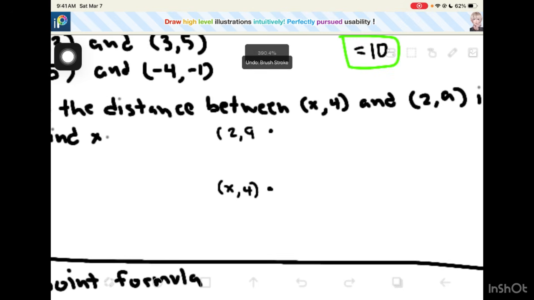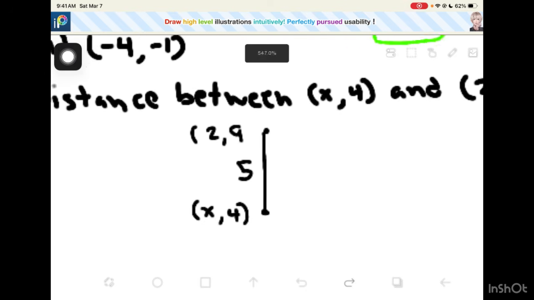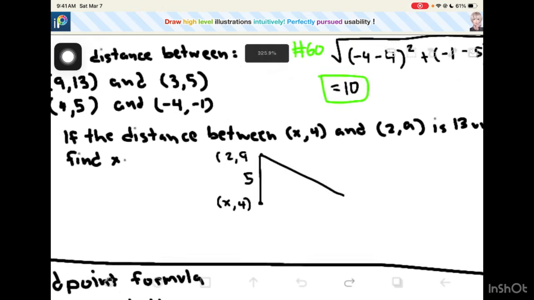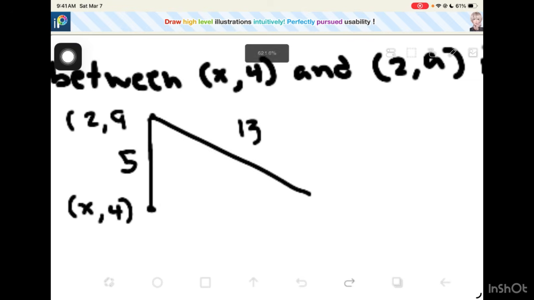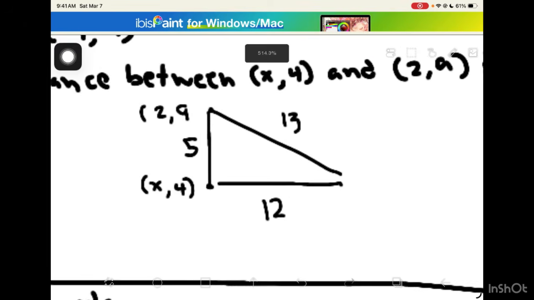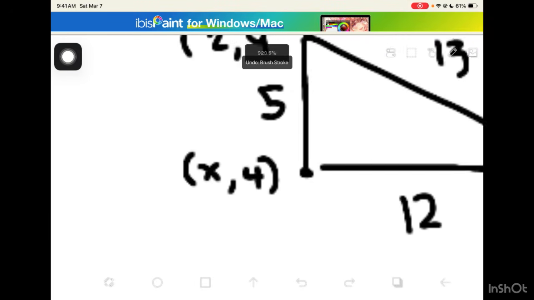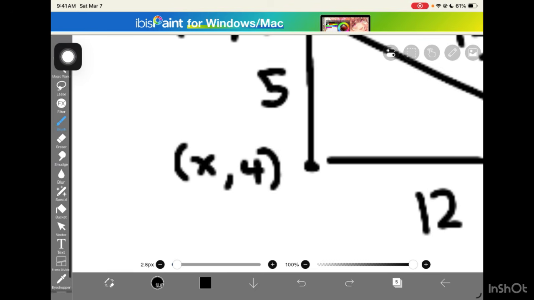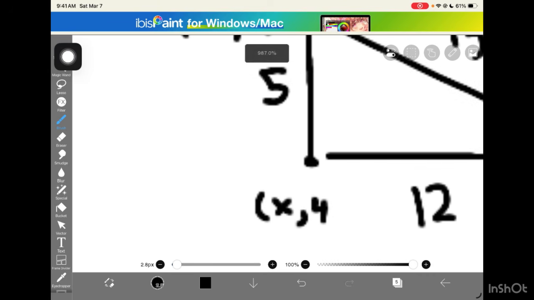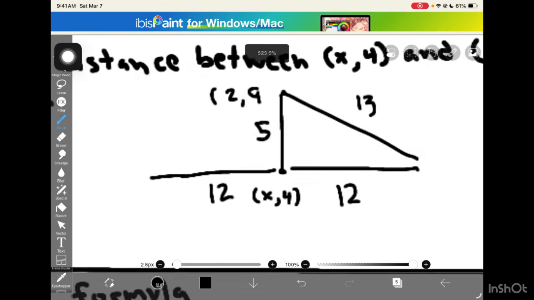So how do we do that? First, we know that the difference between 4 and 9 is 5. So this is 5. And we know that another side of the triangle that's formed is 13. So we just need to find this one. 13 squared minus 5 squared gives 12. So we need to find the two values of x that will give us a value of 12.